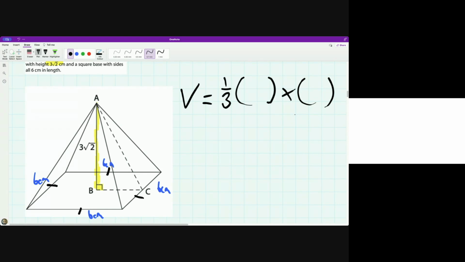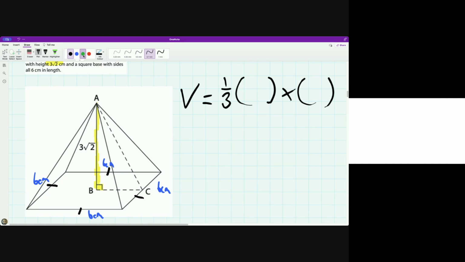What is the volume of this pyramid going to be? Pop your answer in the chat.